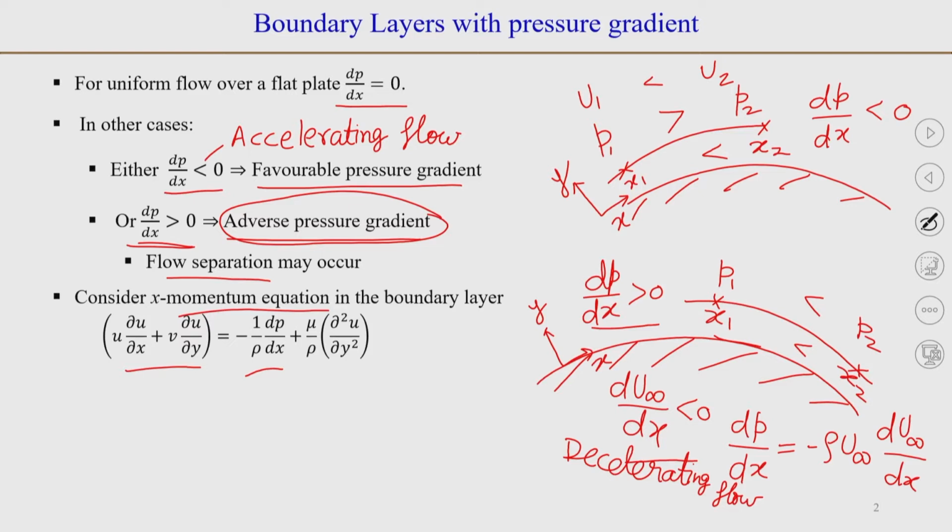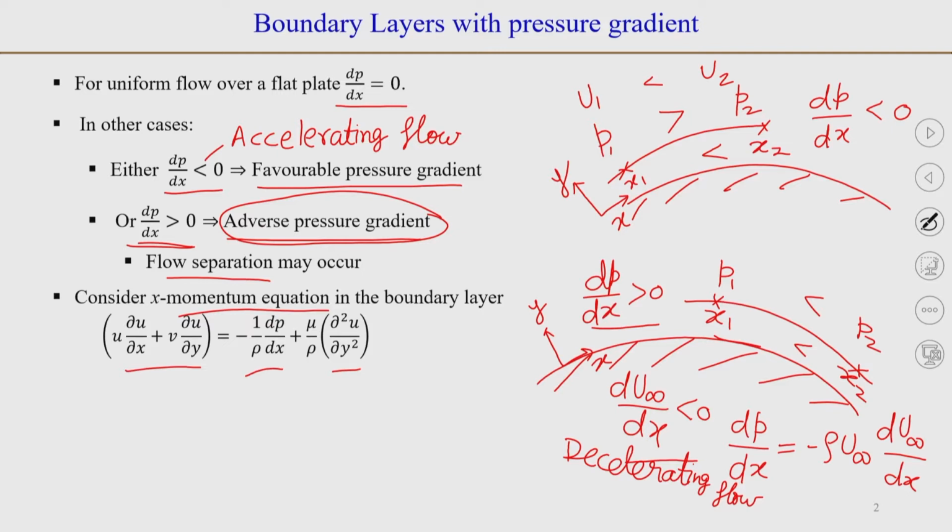That is why we have the normal derivative, not the partial derivative here, plus mu/rho times d²u/dy². Only the velocity gradient in y is kept, since d²u/dx² was negligible with respect to this.